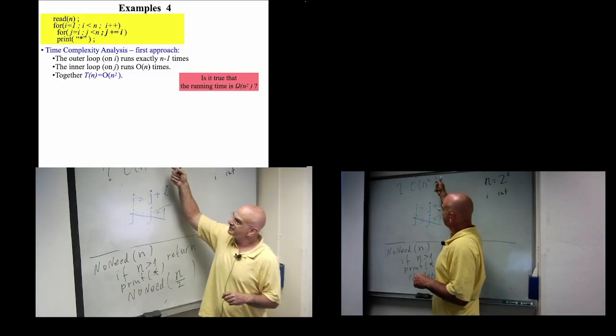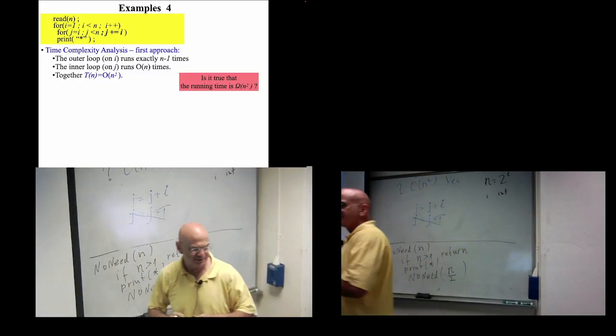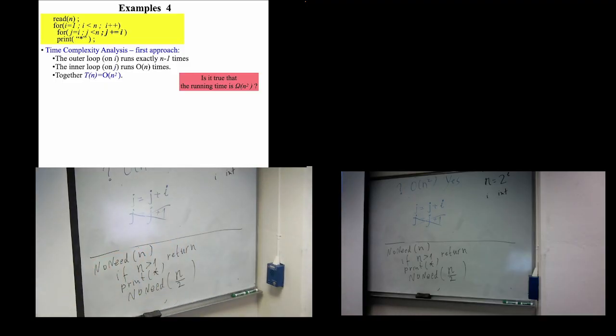And the answer is that it is yes, but it is yes in some very cheatful, dishonest way. It is not more than n squared because this new modification somehow saves some work. But what did I say that my lawyer said about order n? It doesn't take more than n squared. The outer loop doesn't happen more than n times.